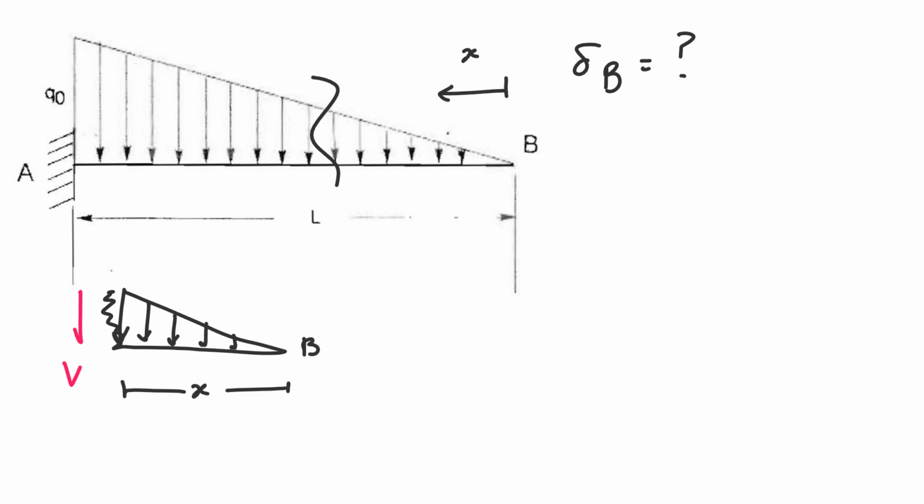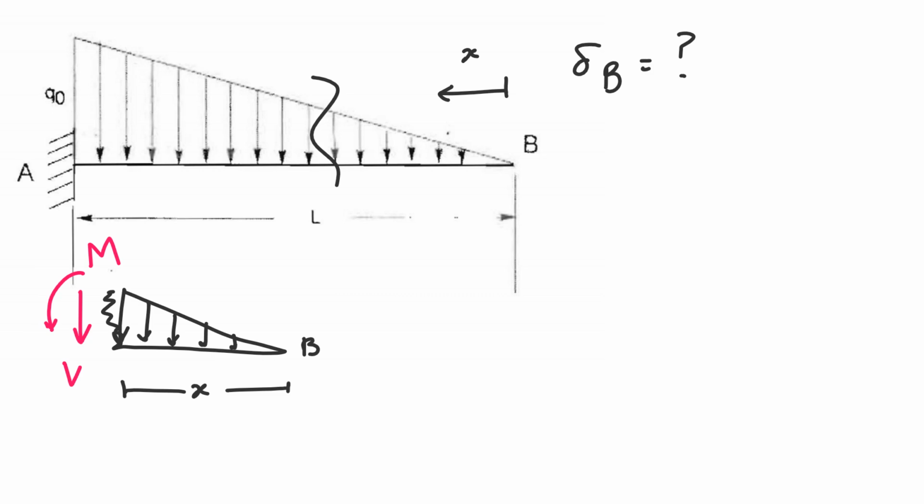We call it V. And there's always going to be a bending moment, which we call M. Our job now is to find this M and to find this V. And once we do that, we're basically halfway done with the game. So, how are we going to do this? Well, it's as simple as sum of the forces and sum of the moments.